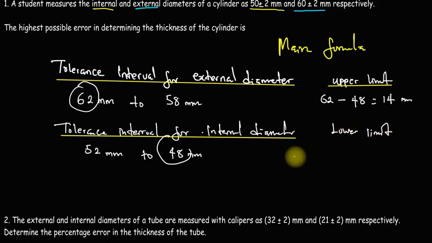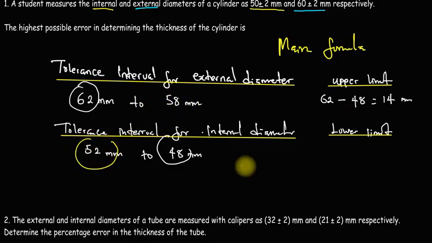Now for the lower limit, we need to subtract the remaining two values that are left. Okay, so we need to subtract 52 millimeters from 58 millimeters.